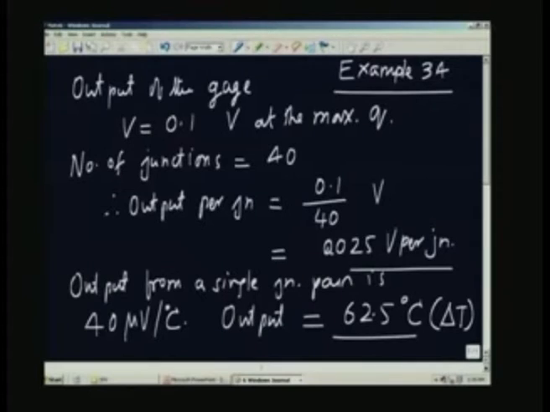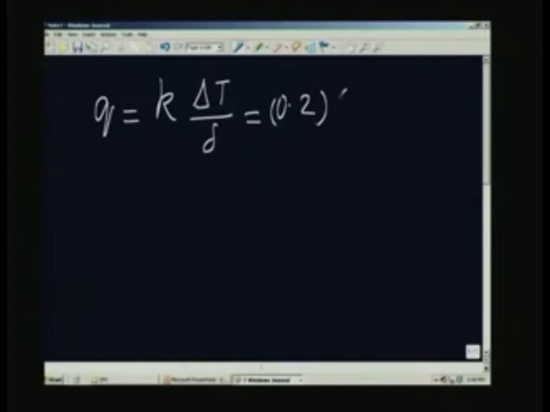This is the delta T, and therefore, now I can find out what is the heat flux by using the simple Fourier law of heat conduction, K delta T by the thickness of the film delta. K is 0.2, delta T is 62.5, and delta is now 0.25 millimeters.